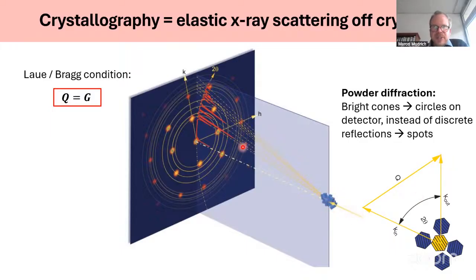But this happens for any azimuthal angle. So in the end, we get bright cones, not bright peaks.